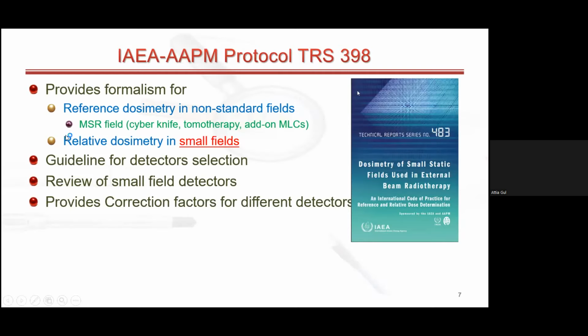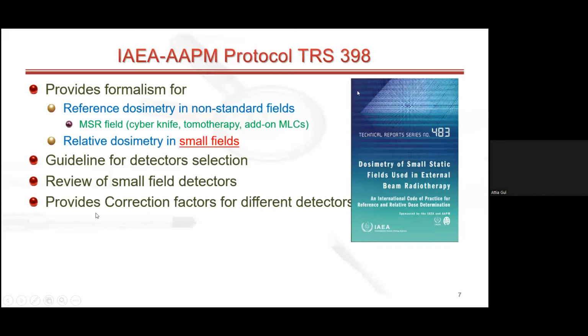In addition to this, this protocol also provides us a guideline for detector selection, both for reference dosimetry in non-standard fields as well as relative dosimetry in small fields. It also gives a review of different small field detectors.